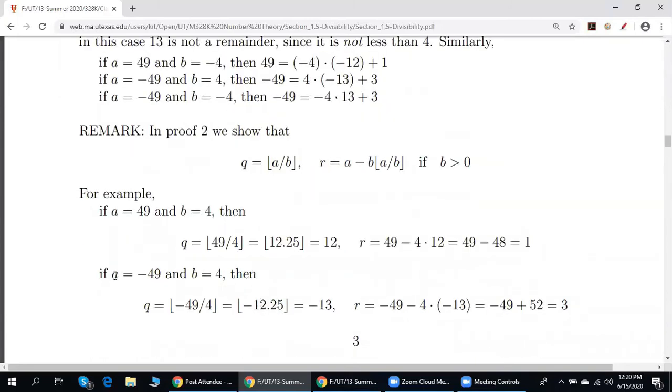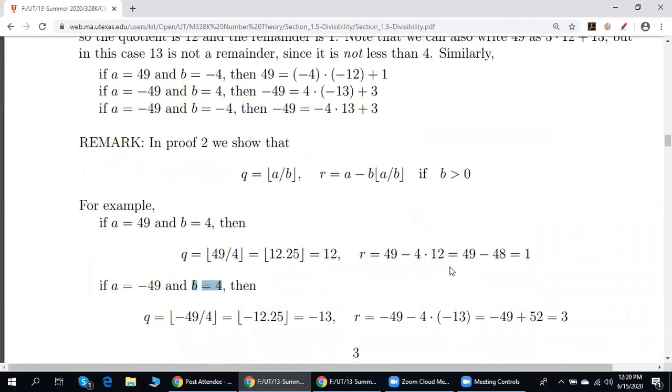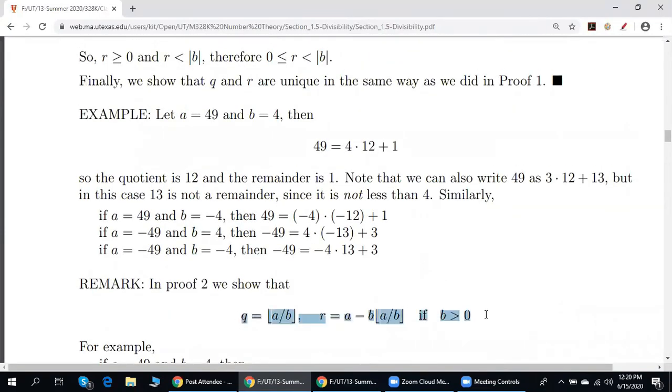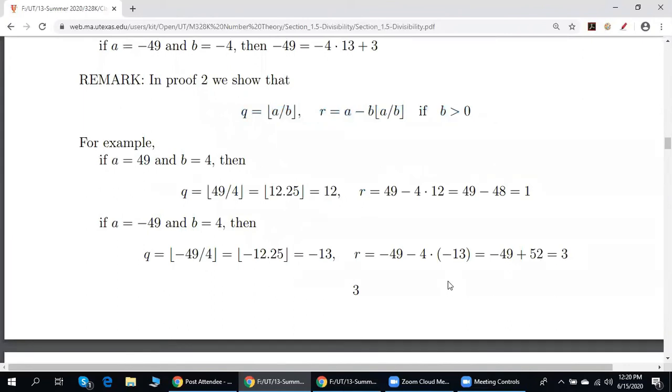Similarly, over here, b is positive again. Therefore, again, we use these formulas. So, floor of negative 12.25. Note that now this number has nothing to do with negative 12.